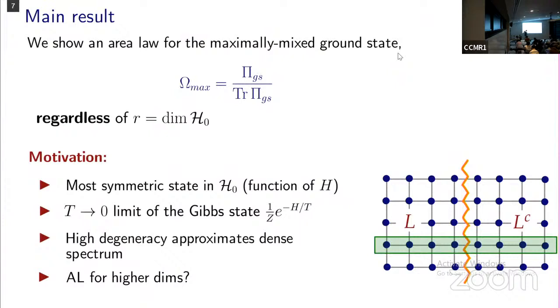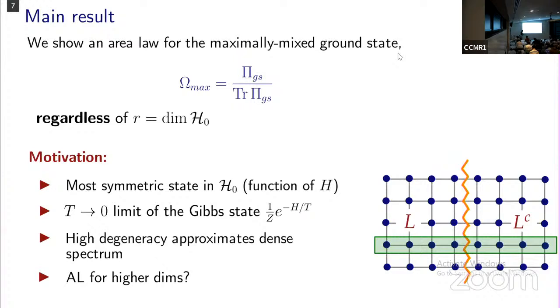So you might attempt to prove the area law in 2D by showing that you have a bounded entanglement between this side and that side. So you might want to somehow construct an AGSP that has low Schmidt rank between this side and that side. So this result kind of tells you, okay, look, you can take the projector on this row.